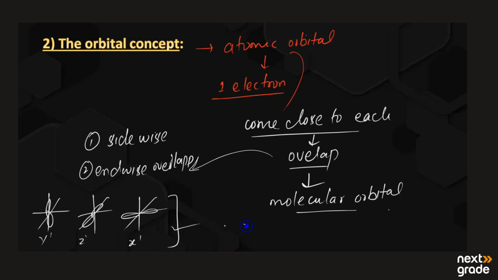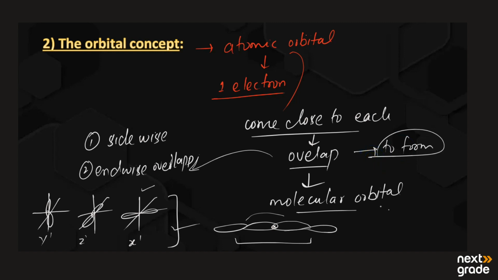When they come close to each other, they start to overlap. This overlapping is the formation of the molecular orbitals. After overlapping, the atomic orbitals form molecular orbitals to form chemical bonds or to get stability. So this is a simple concept of orbitals that was proposed by Lewis.